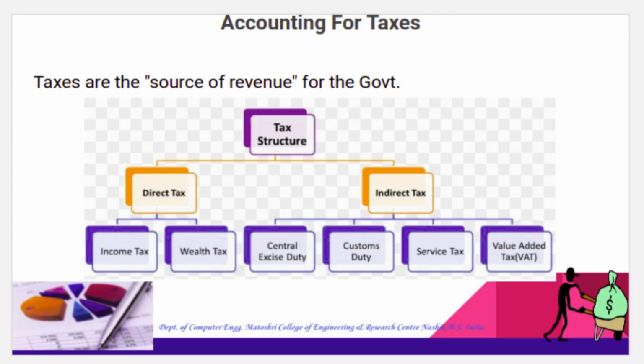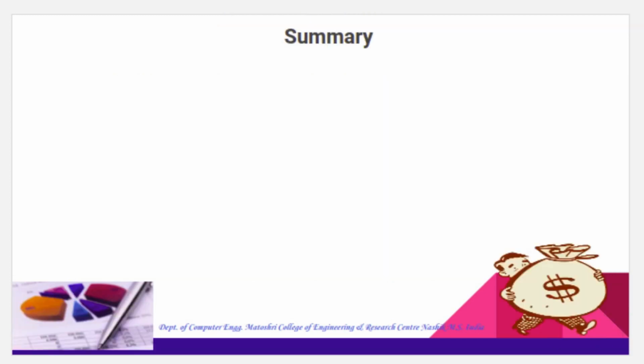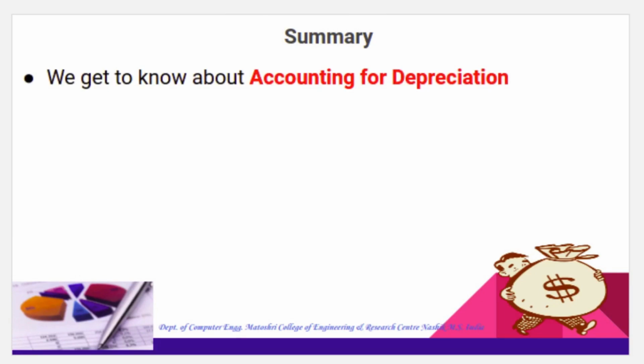Next, we will summarize today's session. From all the discussion, we get to know about accounting for depreciation. We understand that depreciation is allocated so as to charge a fair proportion of the depreciable amount in each accounting period during the expected useful life of the asset.